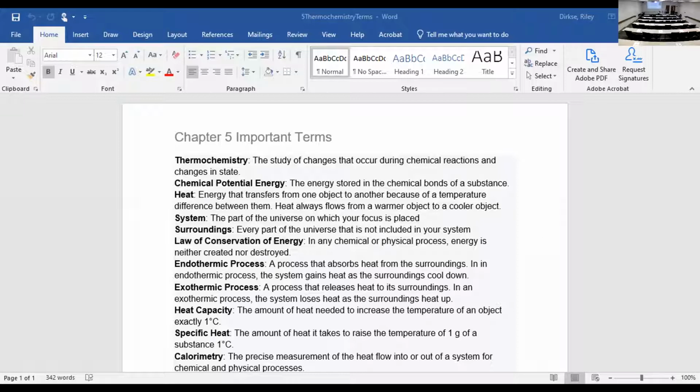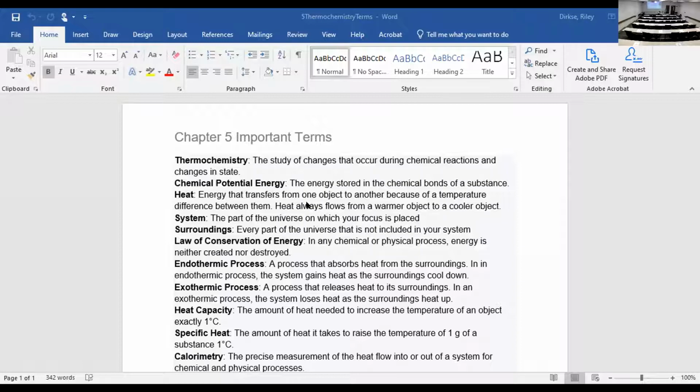Okay, Valkyrie, you can just type any letter in chat if you can see the screen that I'm sharing with the Chapter 5 terms on it. If you can't, let me know. Oh, okay, cool. She can see it. I didn't know I could do that, because I'm standing here looking at myself.